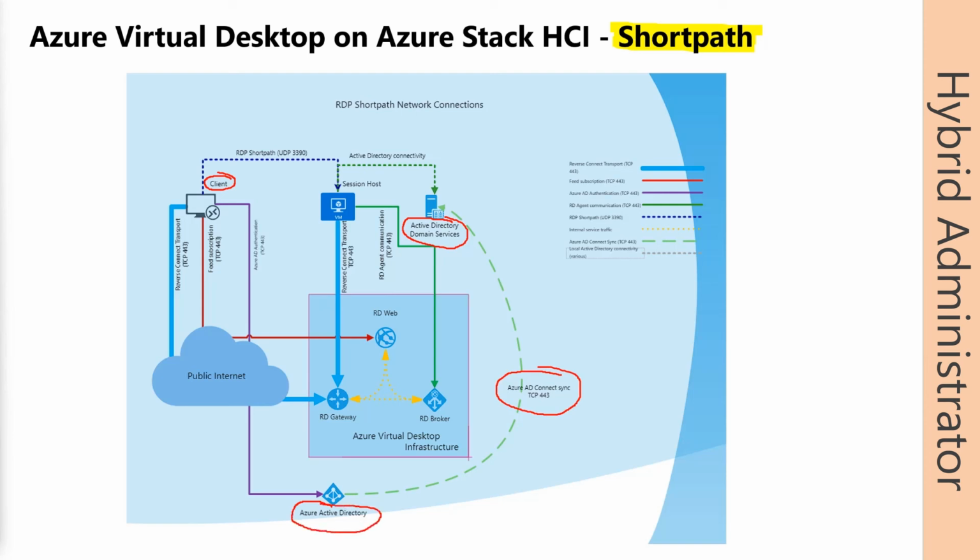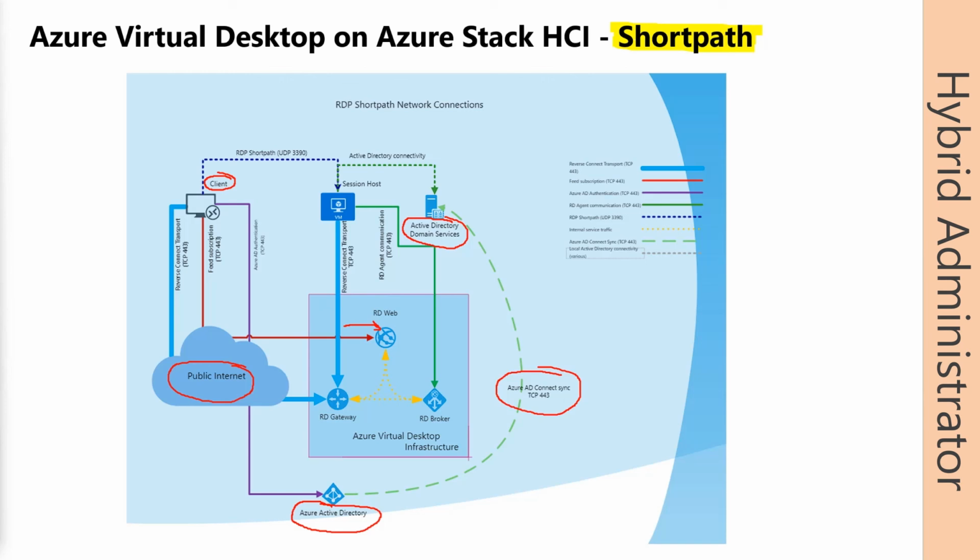So we use our local client, our local user, but we also have our access tokens for the cloud resources. The client connects via public internet to the RD Web website. This is what we have seen, what I have done.